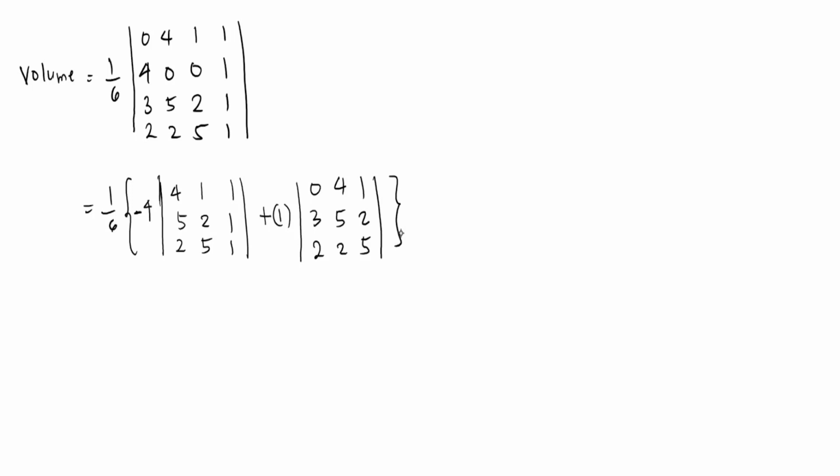Okay, and then we proceed. Since we don't have 0 here, we can apply some elementary row operations. We'll have negative 4 times, I think it would be easier if we make these 2 entries here 0.